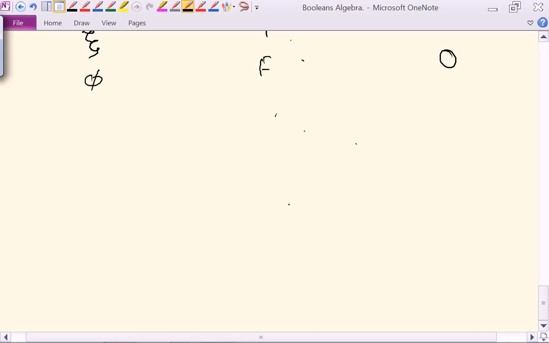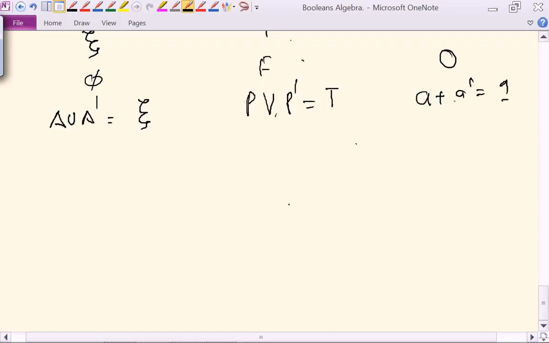Similarly, if I have some equations here, A union A complement is definitely equal to the universal set. So in this case we say P or P complement, because union means or, that could always be true. In the case of Boolean algebra, we say A or A complement is equal to 1, right? Because OR is equivalent to the plus, and here we have the union for that.